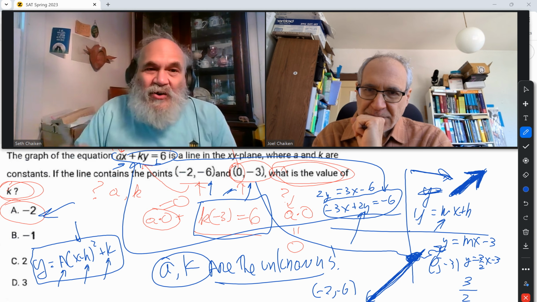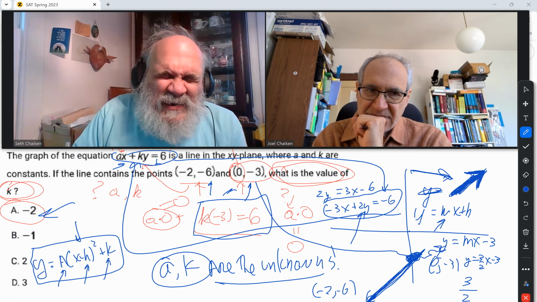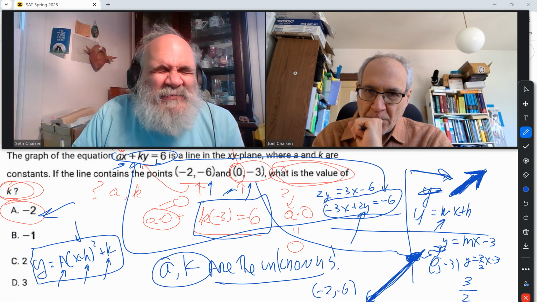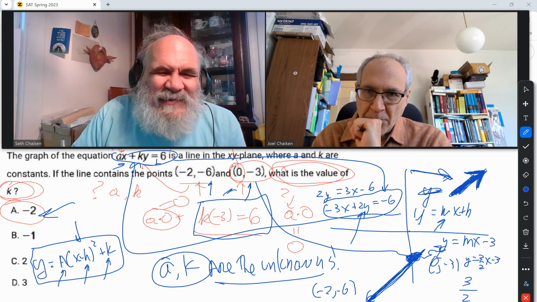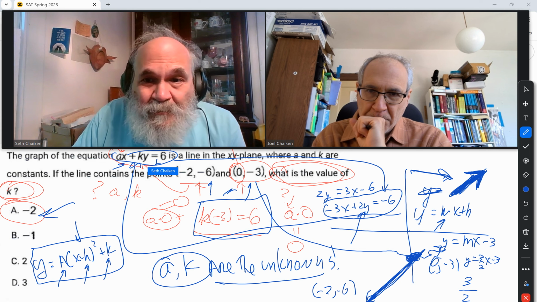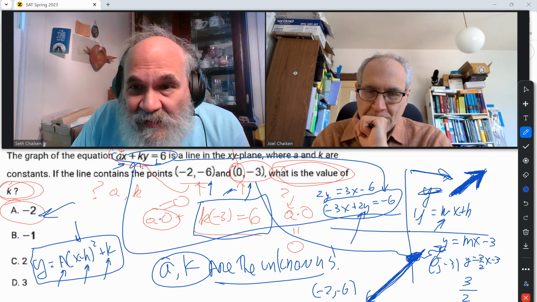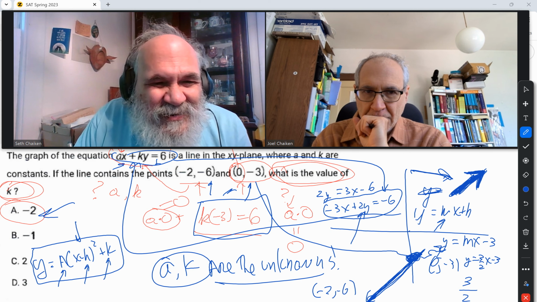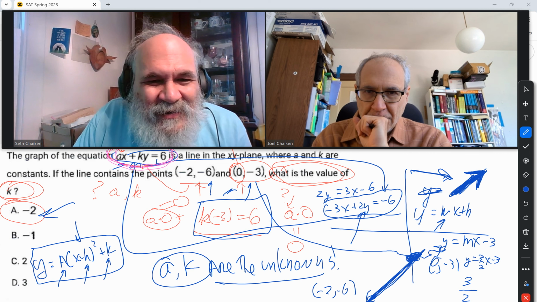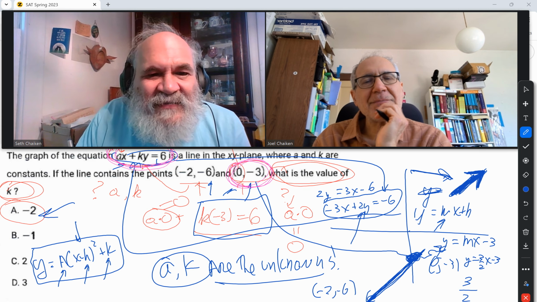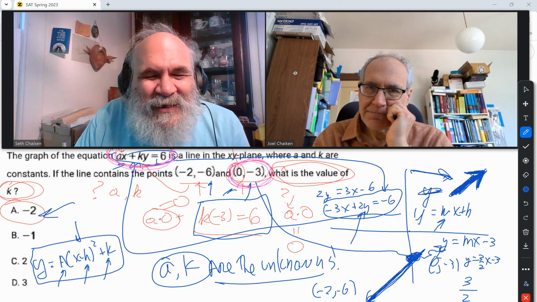One thing you might notice directly: this is one fact, and this is one fact. You're using this as the equation for a line, and this is a point on the line.